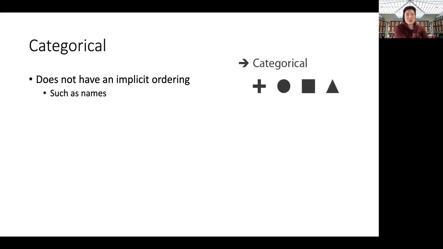You can't really say this name is before the other name or the other way around. And the other example is shape. So you can have different shapes. This is a cross, this is a circle, and this is a square and a triangle. There's no particular order. You can't say triangle should be before the circle or the other way around. There's no inherent ordering between the values, which makes it categorical.